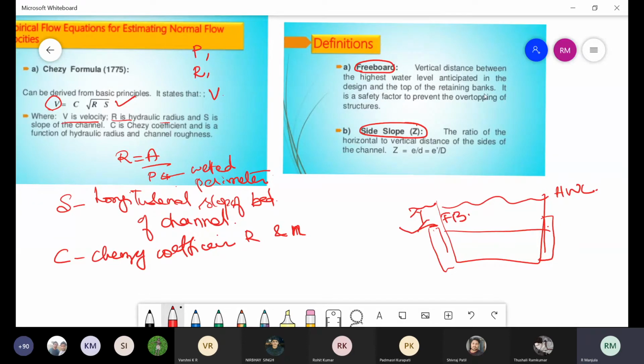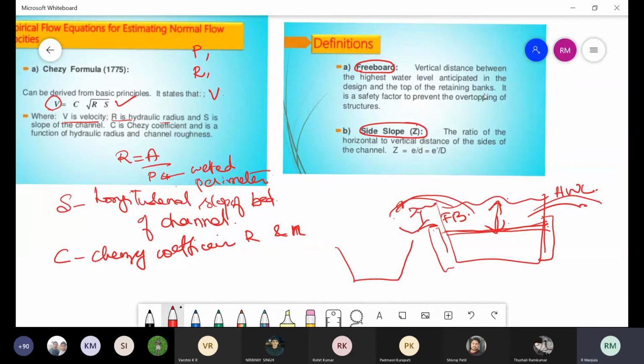It is a safety factor, especially to prevent the overtopping of structures, so water should not flow over the sides. So what is the highest water level which can occur in the particular channel with respect to the top of the retaining work? That is nothing but your freeboard.